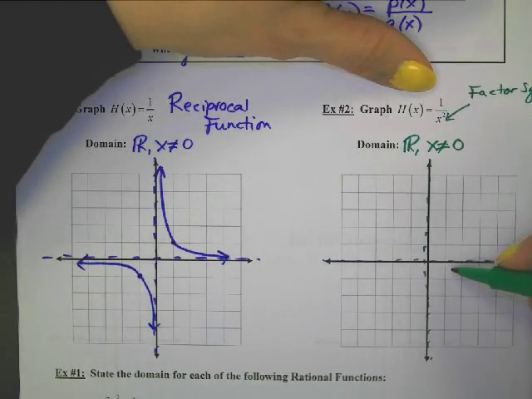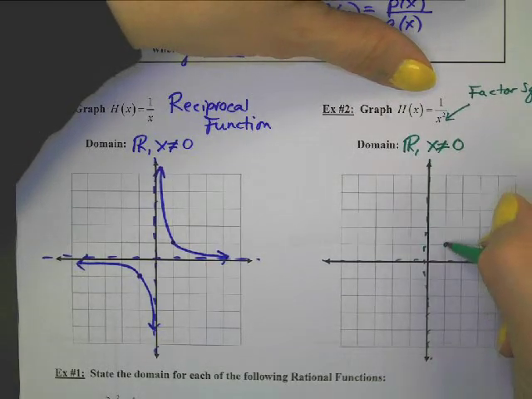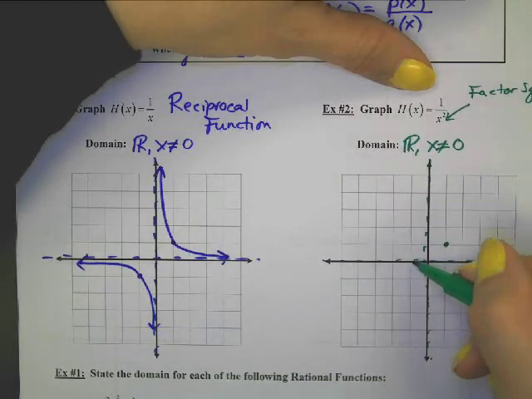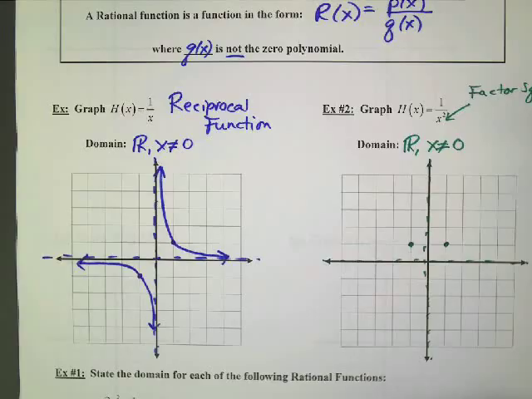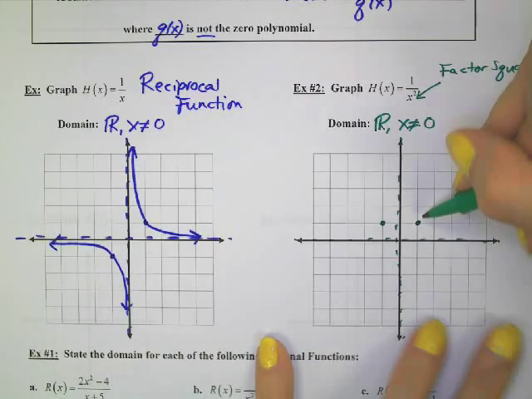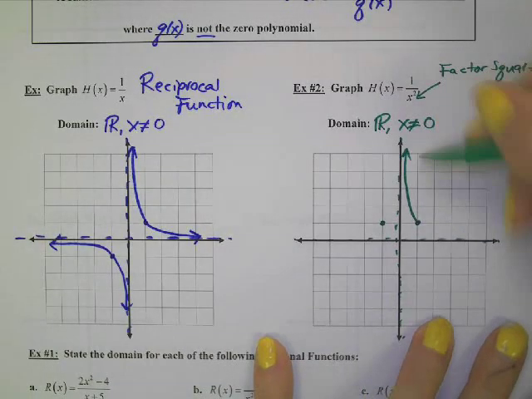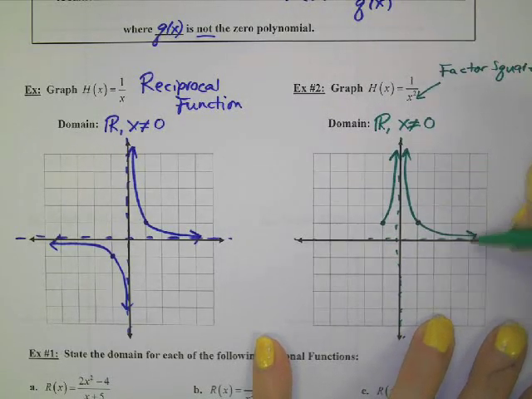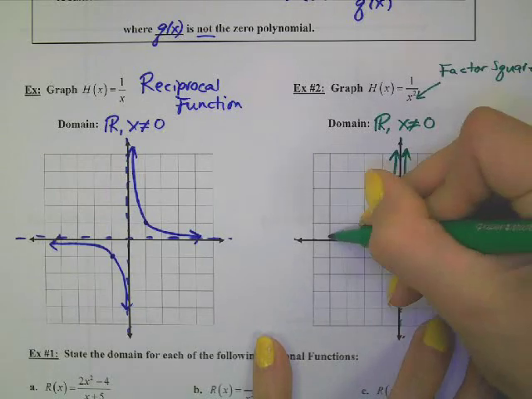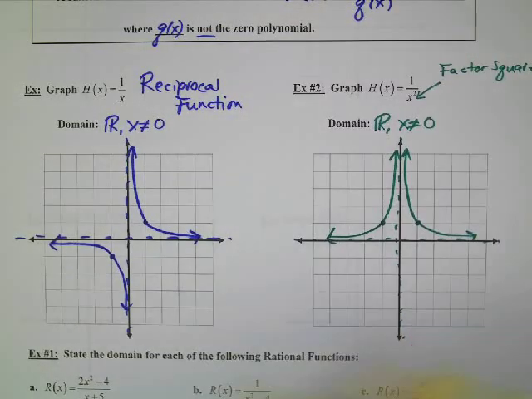But if you plug 1 in, you get +1. And if you plug -1 in and square it, you also get +1. So the difference here is the graph is going to be approaching the y-axis by going up on both sides. So the two branches are coming together right there.